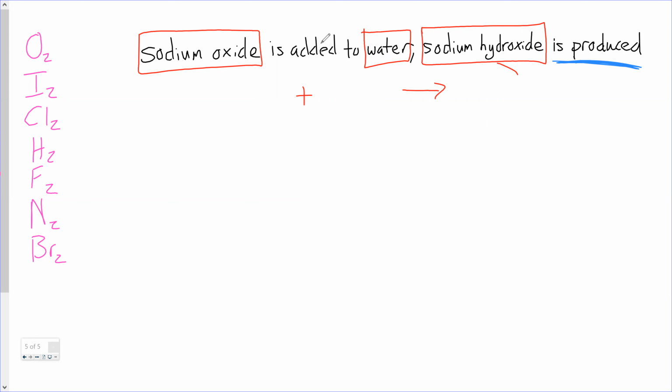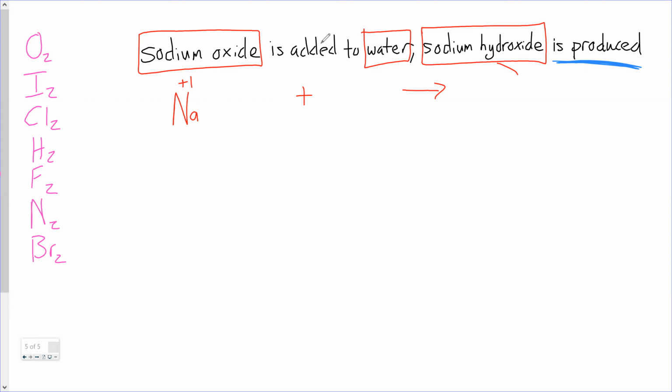All right, here's where you guys are messing up, okay? Sodium oxide, let's go step by step. Somebody give me the symbol for sodium. Na. And the charge, what's the charge? Yes, +1, okay?